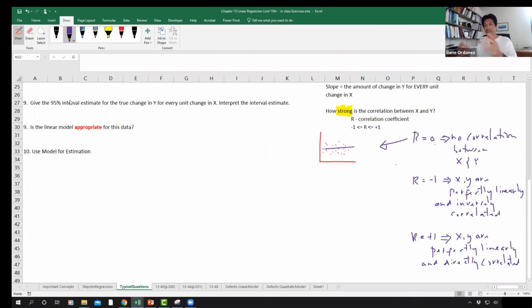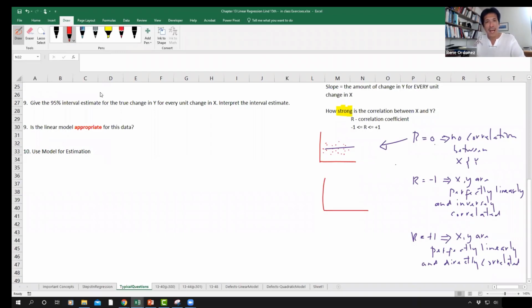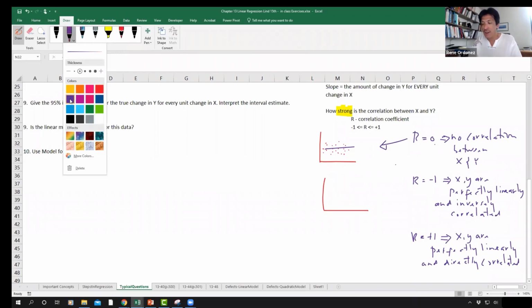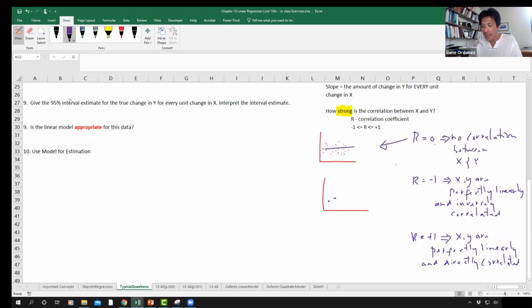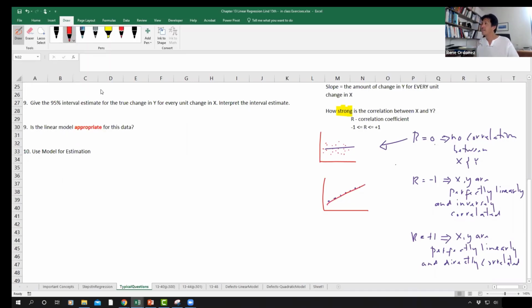Meaning there's no correlation between X and Y. For the second example, when R is exactly equal to -1, that means that when you plot the observed values, the sample data, represented by these little dots, the line will go through exactly those dots, such that give me the value of a given X, I can tell you exactly what Y will be.